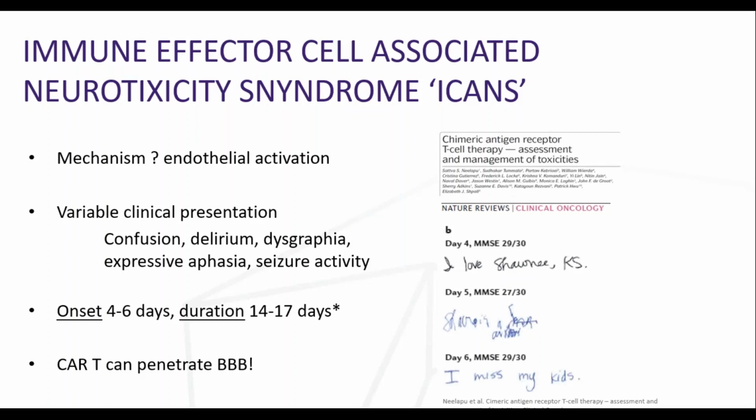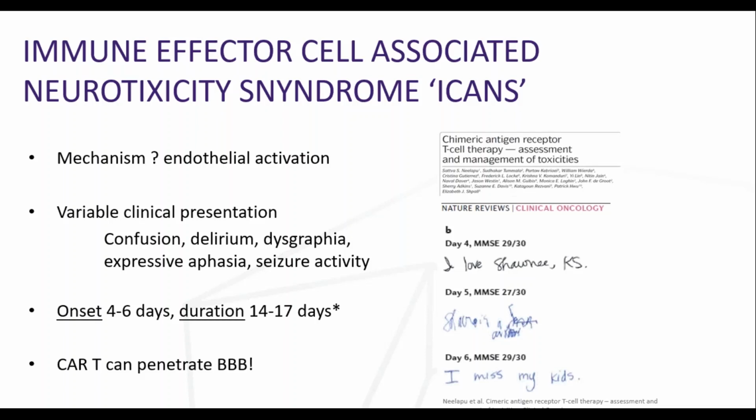On your right-hand side is an article that talks about our toxicities in the early phase Zuma-1 trial. So that's an earlier product. And their assessment of neurotoxicity initially was through a mini mental examination. And so you can see in day 5, there's quite a significant change in the handwriting.